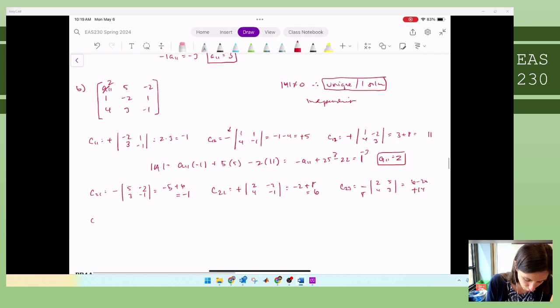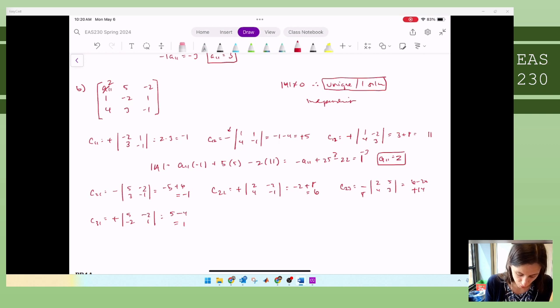And then my last row of cofactors. This is row 3, column 1, so C31 is positive, 5, negative 2, 1. 5 minus negative 4, nope, I lied.